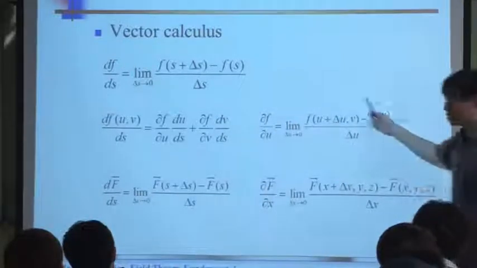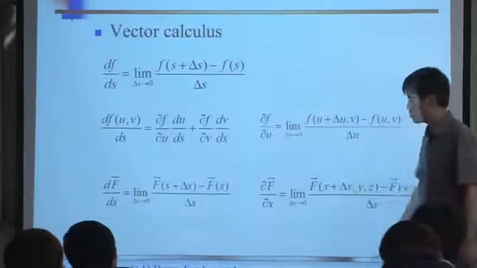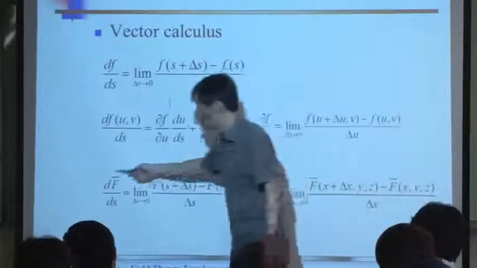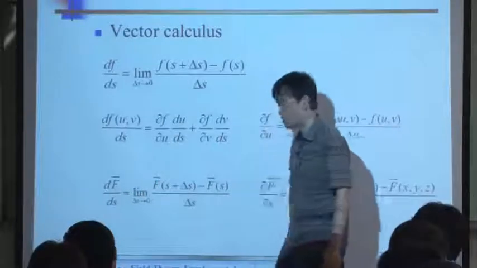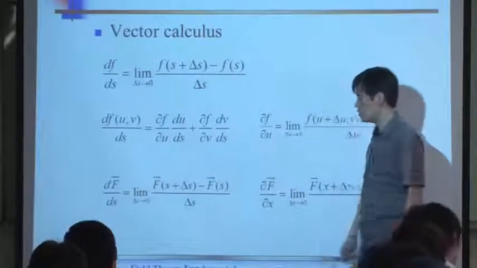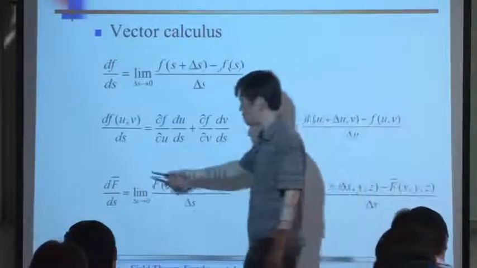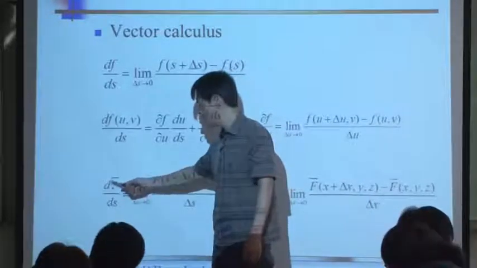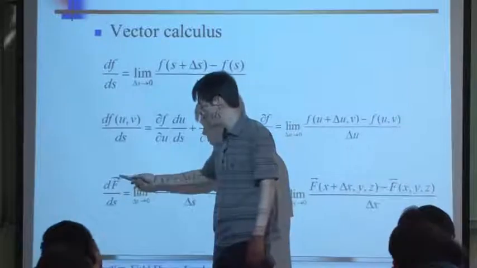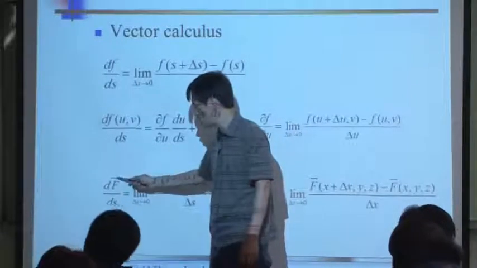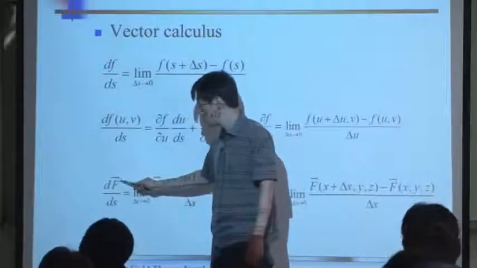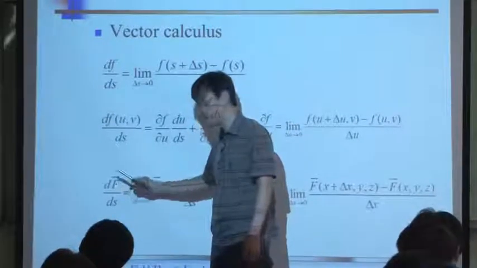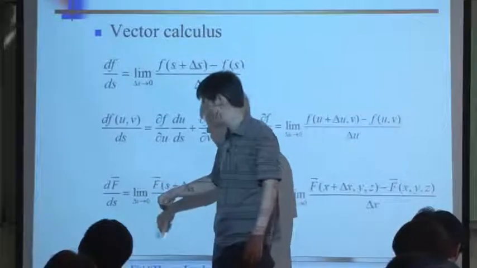It is about the scalar function, but now the new one is the vector differentiation. The vector function f is given by the vector, as it has the arrow symbol. So it means this function f is the vector function, not the scalar function.